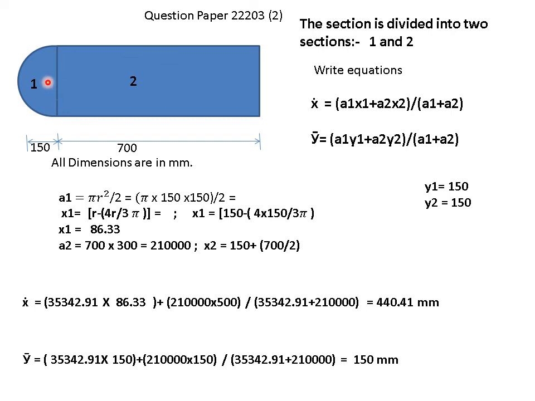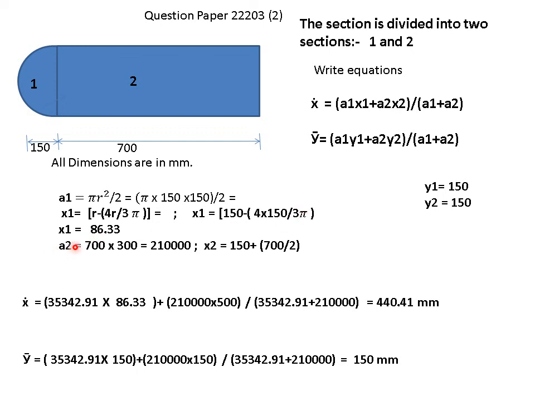This distance is 4r upon 3 pi. I want it from this end. So 150 is this distance, 150 minus 4r upon 3 pi. That is r minus 4r upon 3 pi. So 150 minus 4r upon 3 pi, I get x1.